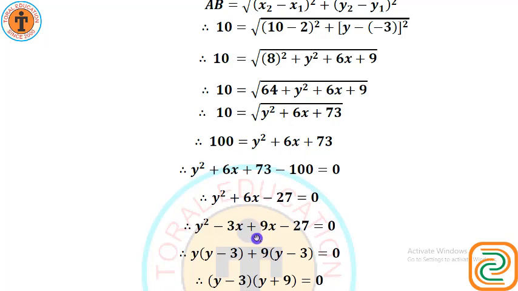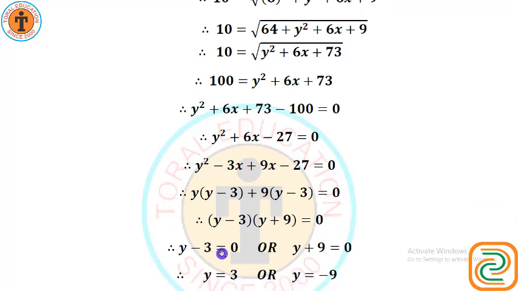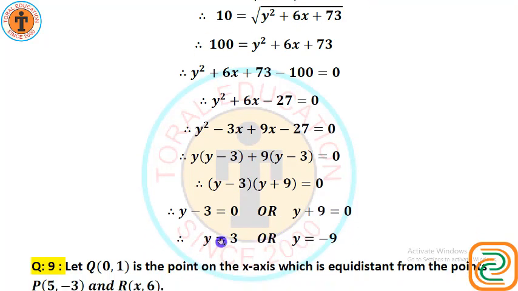Splitting the term, taking y common, y minus 3, and 9 common, y minus 3. So (y minus 3)(y plus 9) equals 0. Then y minus 3 equals 0 or y plus 9 equals 0. These are the factors. Then y equals 3 or y equals minus 9.